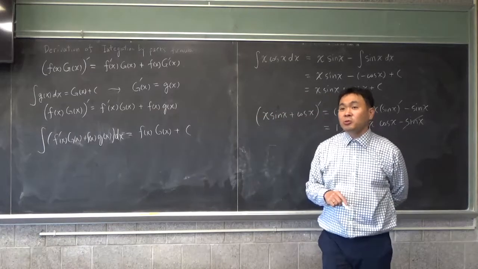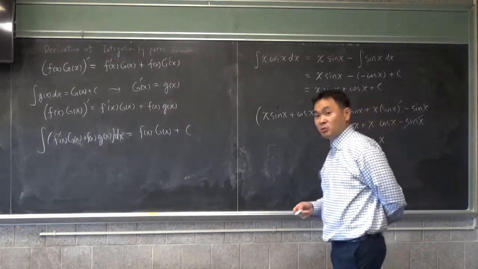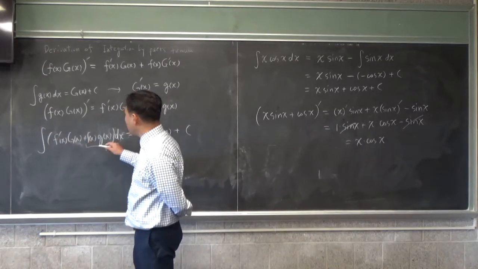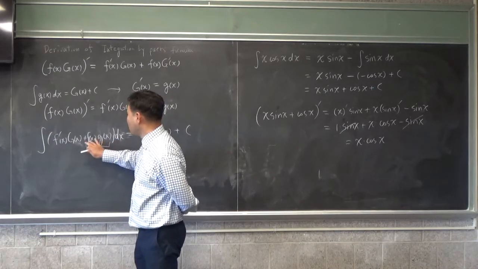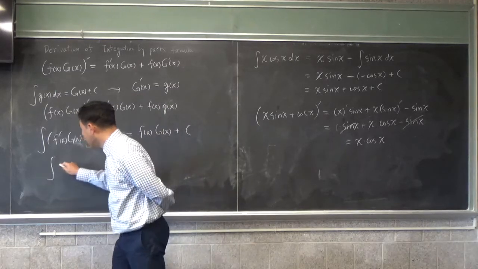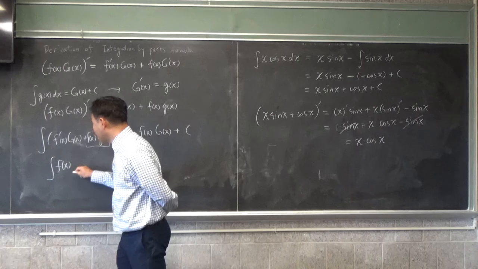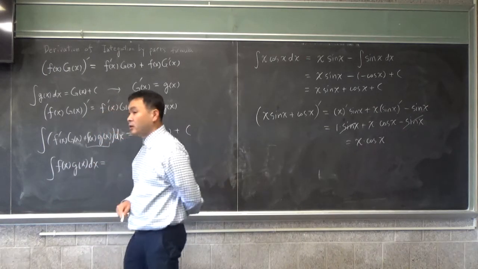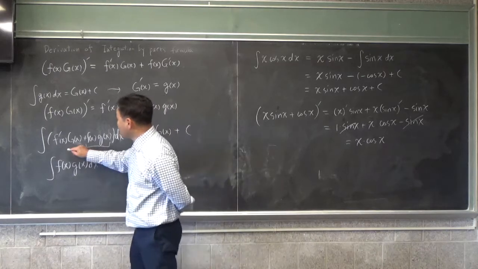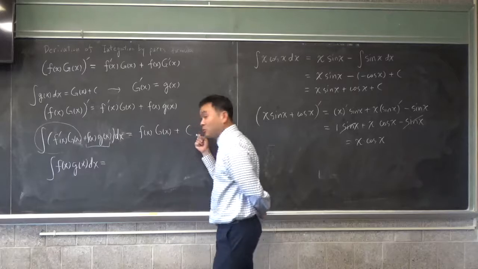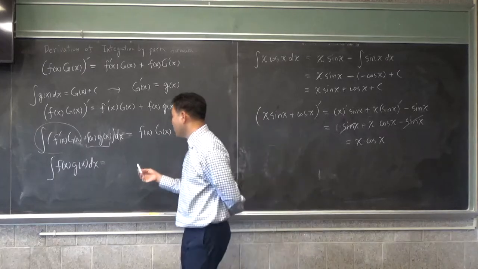And then we are going to use the same idea that we used before. Usually your question is posed as two functions multiplied. So this is the one that you want to know: what the integral of small f of x, small g of x dx would equal. What you do is this integral here should be subtracted to the other side, and just like before, the c will disappear.